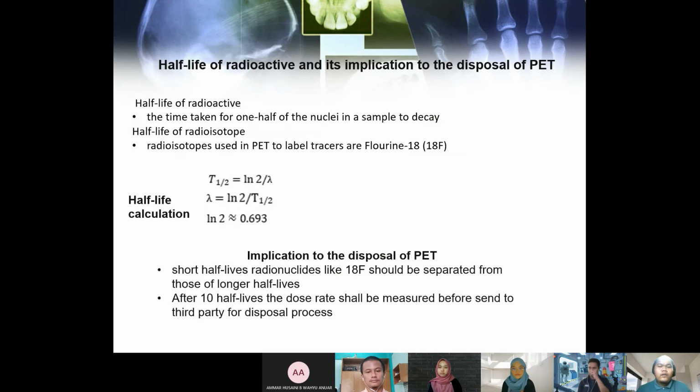Okay. For part 3, I will explain the half-life of radioactive material and its implication to the disposal of PET. As you can see on the slide, there are two types of half-life that I will explain. The first one is the half-life of radioactive material. Half-life can be simply defined as the time taken for one half of the nuclei in a sample to decay, which means that they change spontaneously into other nuclear species by emitting particles and energy.